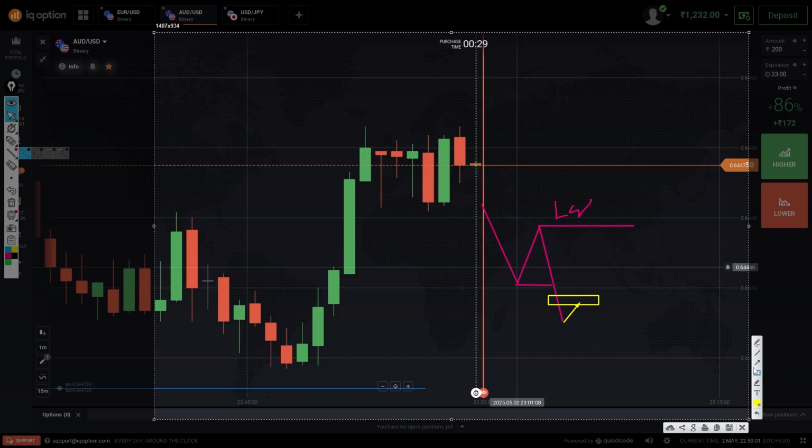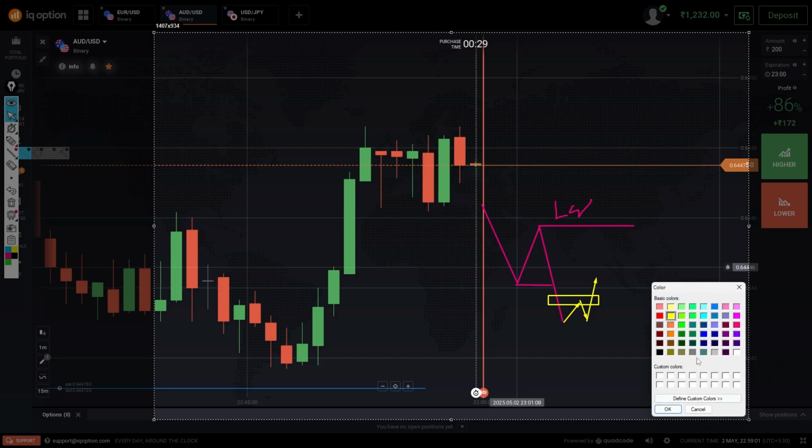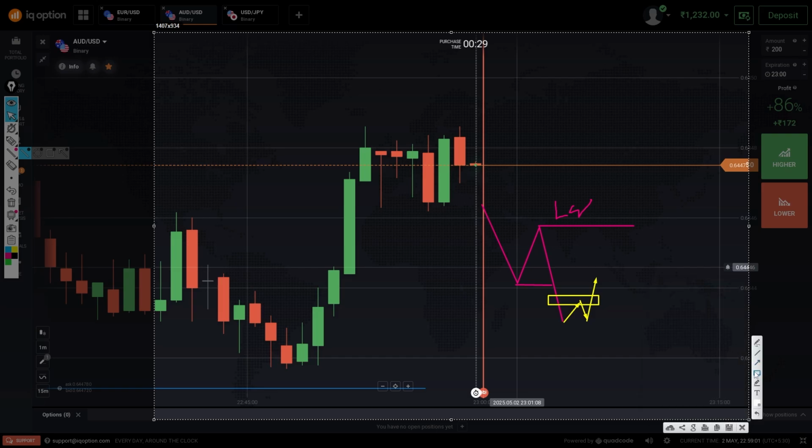But suppose it does not happen. It gives a small reaction, then it breaks out. Breakout with what? Breakout with a new gap upside. That is the confirmation that the market will take a U-turn up to this swing high.